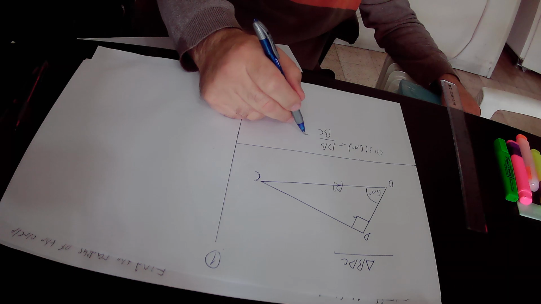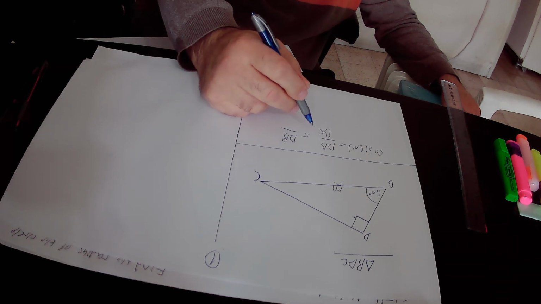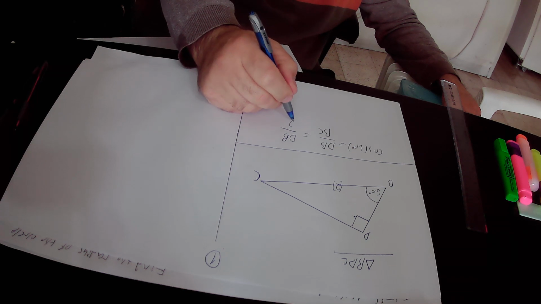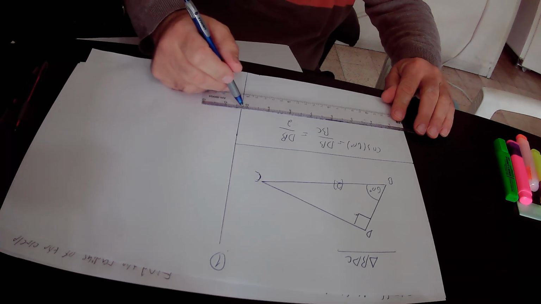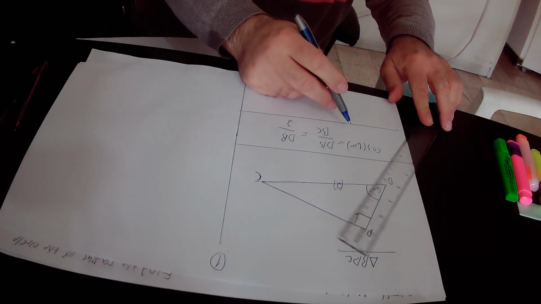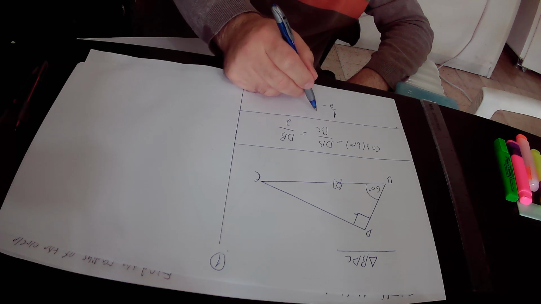So cosine 60 degrees equals DB over BC, and BC is 2, so it is DB over 2. Cosine 60 degrees is 1/2. So substitute cosine 60 degrees by 1/2, so 1/2 equals DB over 2.